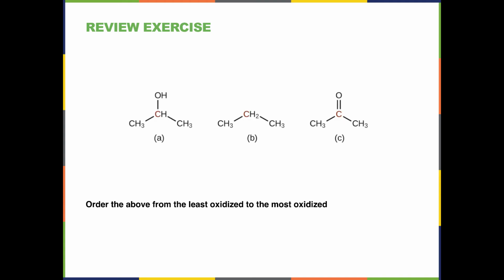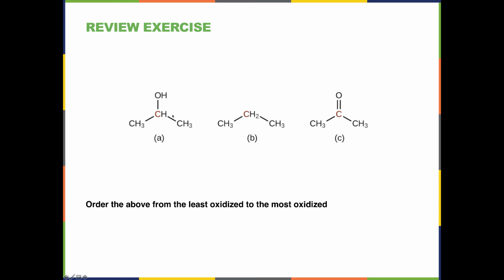Now, order the above from the least oxidized to the most oxidized. Now you remember that the least oxidized would contain no oxygen, so that was going to be B. The single oxidation of B results in an alcohol, which is A. And you have 1 oxygen with an H on it.